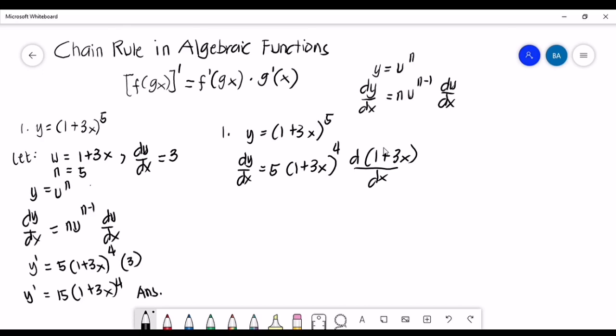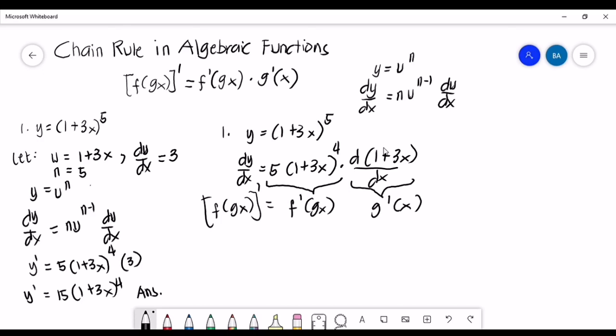So in this kind of example, we can state that this is now f prime of g of x, times the derivative of g of x. Okay, so that is the chain rule.